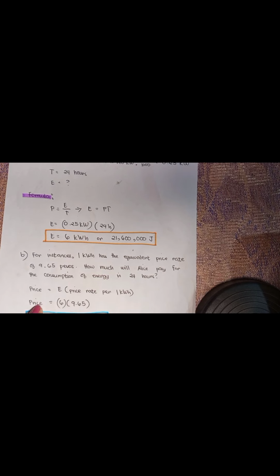So price is equal to the value of energy, which is 6, and the price rate per 1 kilowatt hour is 9.65. The equivalent price rate is 9.65.